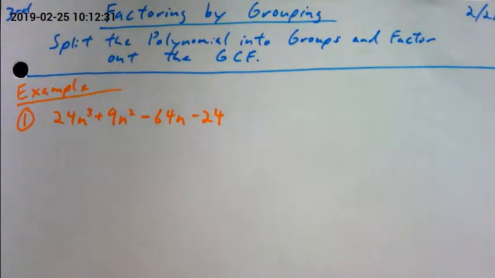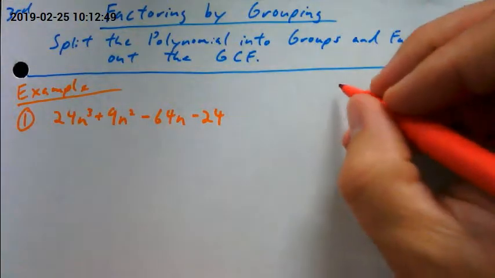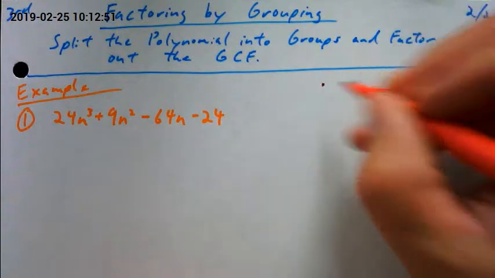So now we have 4 terms. There is not a common factor that goes into all 4 of those terms. You still always want to check for a GCF because you could have one at the beginning. So you should always check for a GCF. So I'm actually going to put it as my first step.